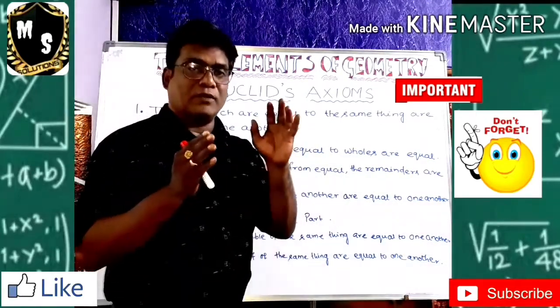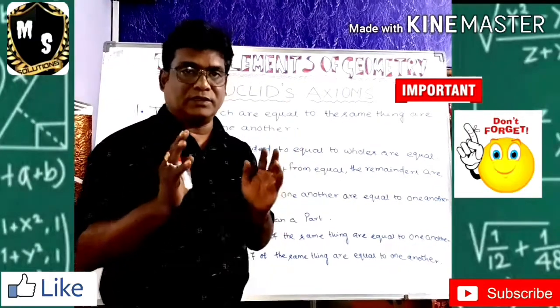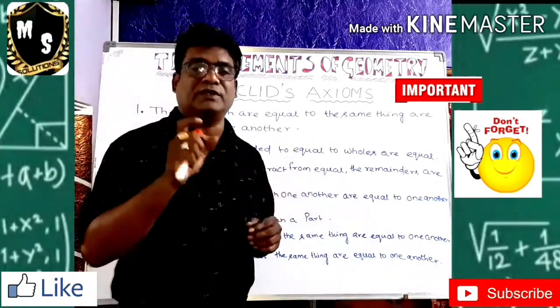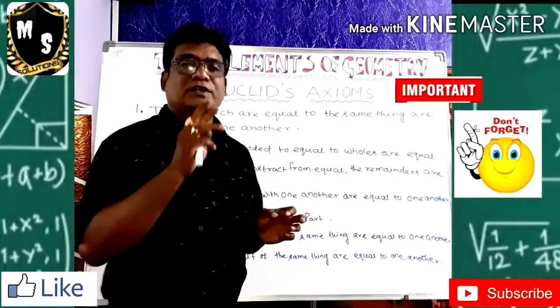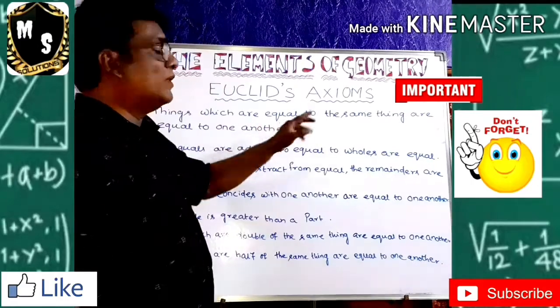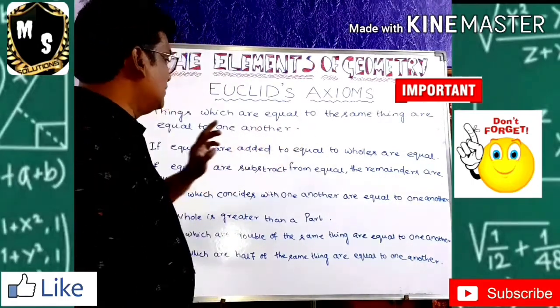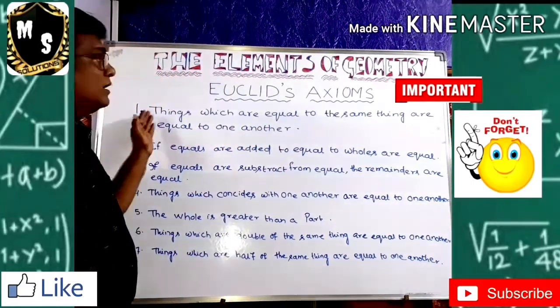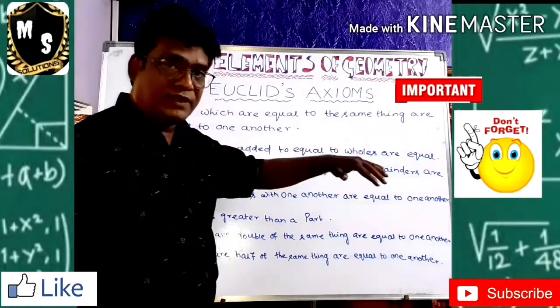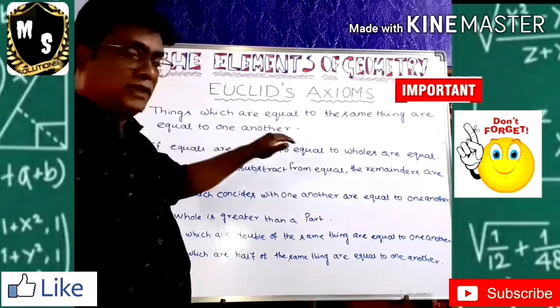That means one is equal to the other. Understood? Similarly, take a circle of radius 4 cm, then another circle of radius 4 cm. Both are equal to each other. This is axiom number 1: things which are equal to the same thing are equal to one another.